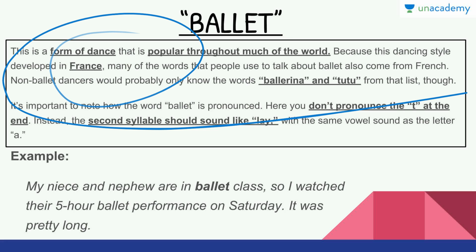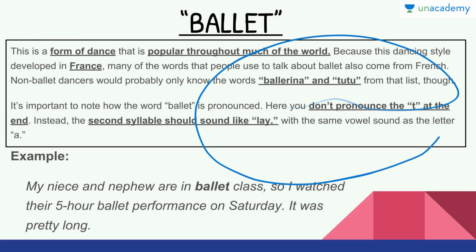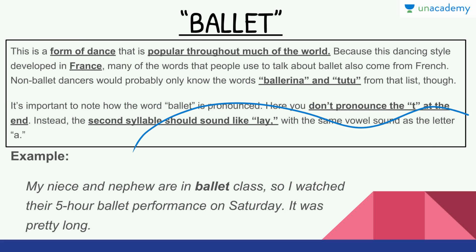Now, non-ballet dancers would probably only know the words ballerina and tutu from this list though. So many other words from the French language originated from the same language only, right? But the English language has taken this word from French as it is, and there has been no change. Now, the pronunciation of this word is again a very important thing to know, and it is usually confused.